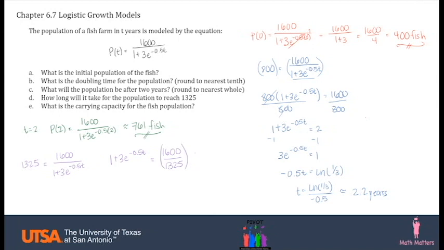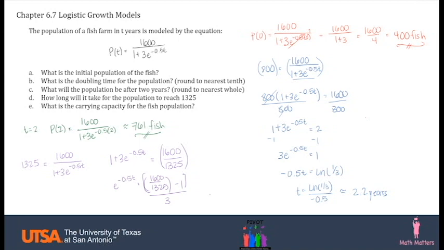Then from here we just want to solve for t. So then we can subtract 1 from both sides. Then we get 3e to the negative 0.5t equals all this minus 1. And then we can divide both sides by 3. So all this divided by 3.